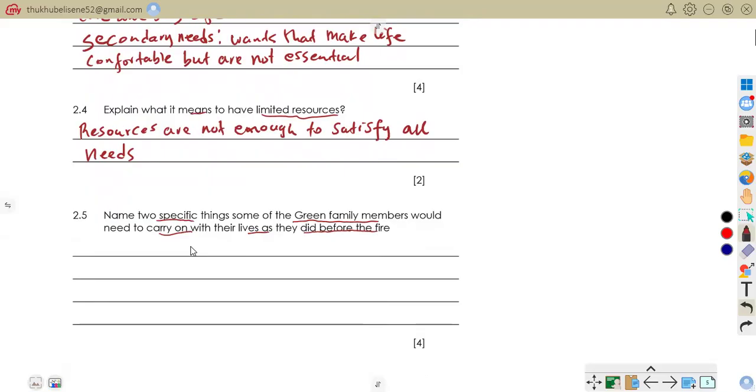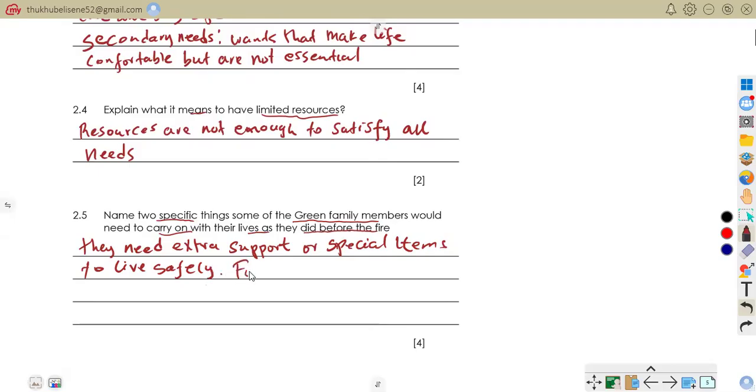So they need extra support or special items to live safely, to live safely.